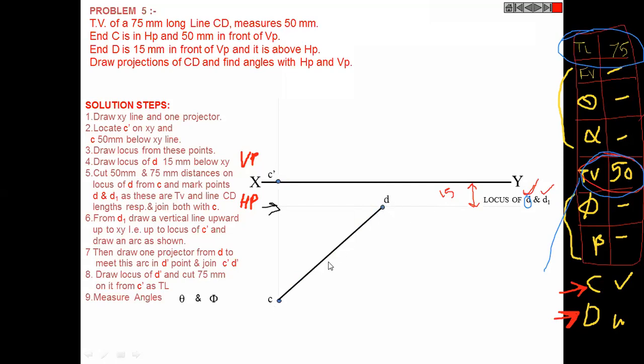Okay, so CD will be your top view, and this CD1 will be your true length. Now we will draw projection upwards. So this length will be our length of front view. Am I correct?